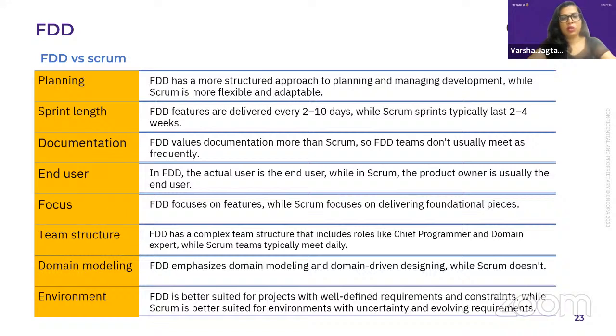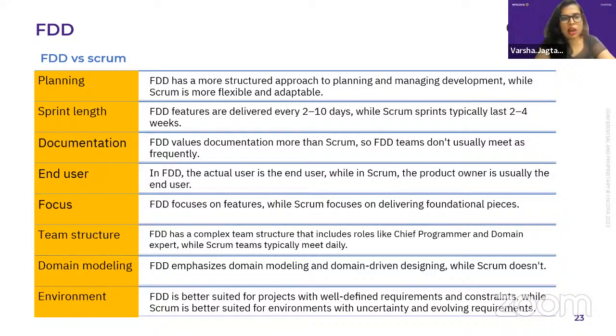So the end user, in FDD, the actual user is the end user, while in Scrum, the product owner is usually the end user. So here, as I said, this particular person has developed this and had written guidelines.